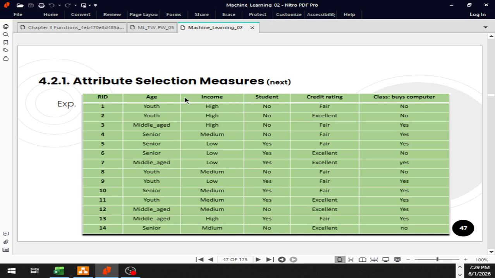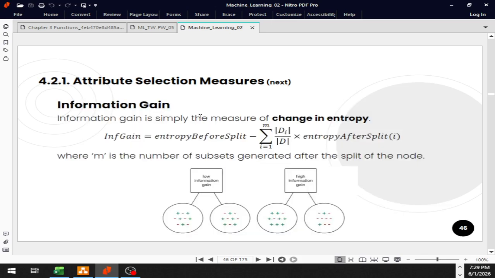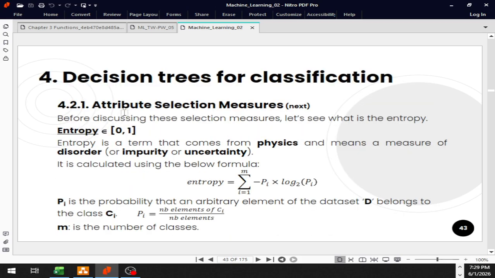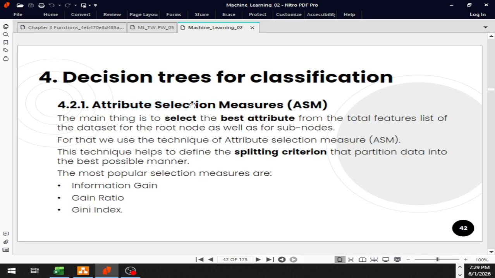So we are required to pick the best features that yield the best divisions of the data set. And it's called the attribute selection measure. The attribute is the feature, so we are selecting the attribute or the feature that we are going to use in our splitting.